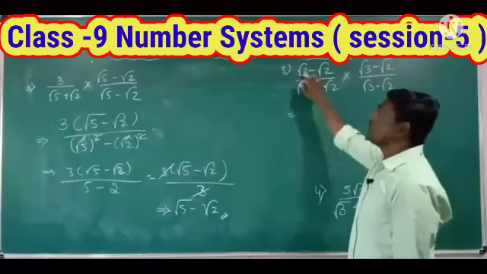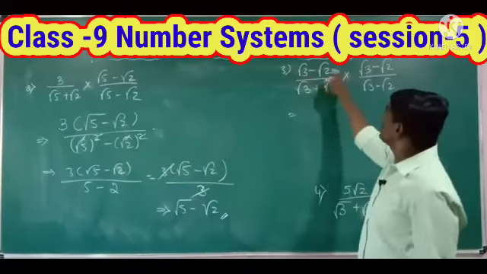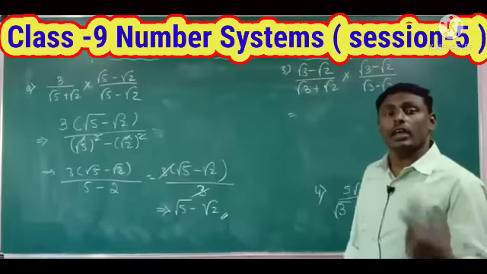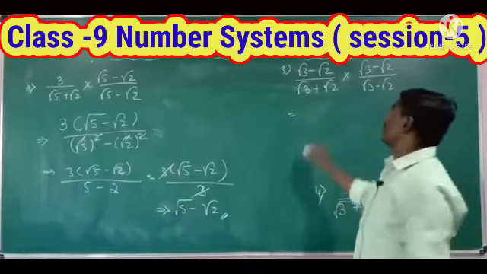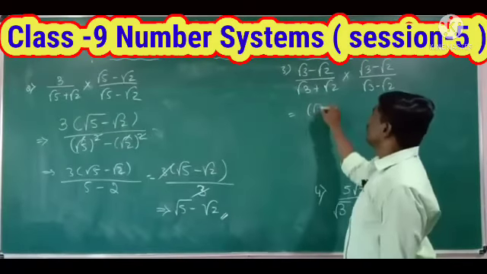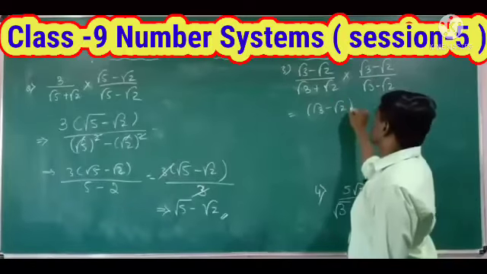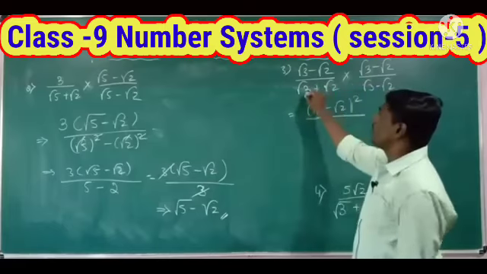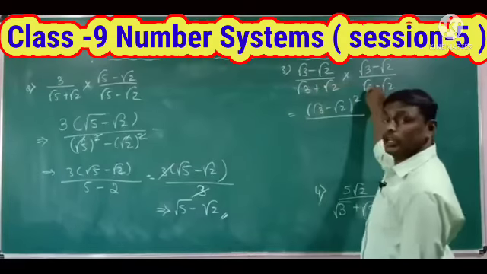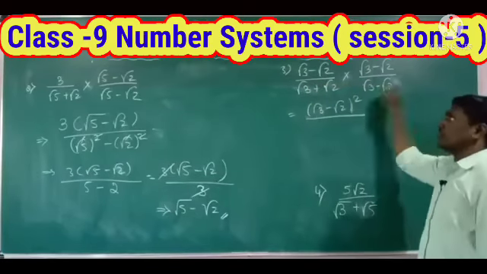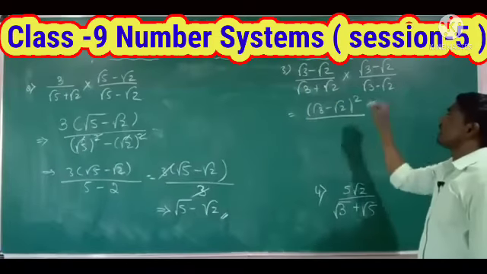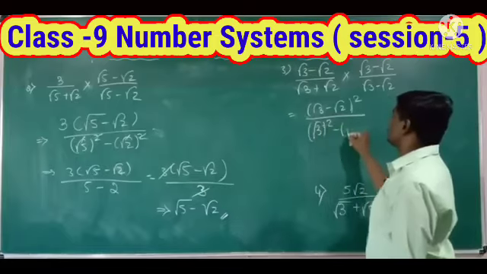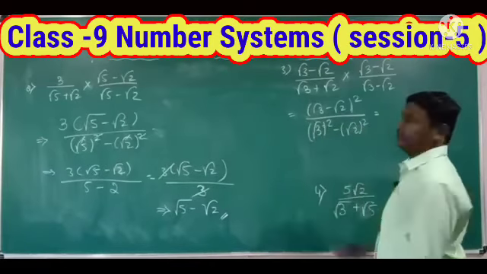Now observe the numerator part, a minus b into a minus b. It is in the form of a minus b whole square. So root 3 minus root 2 whole square divided by, the denominator is root 3 plus root 2 into root 3 minus root 2, a plus b into a minus b. So root 3 whole square minus root 2 whole square.